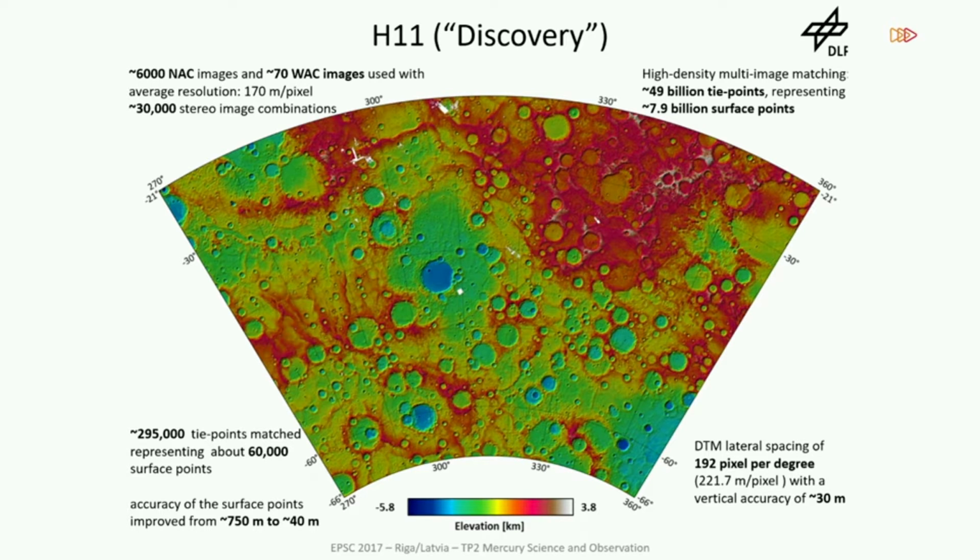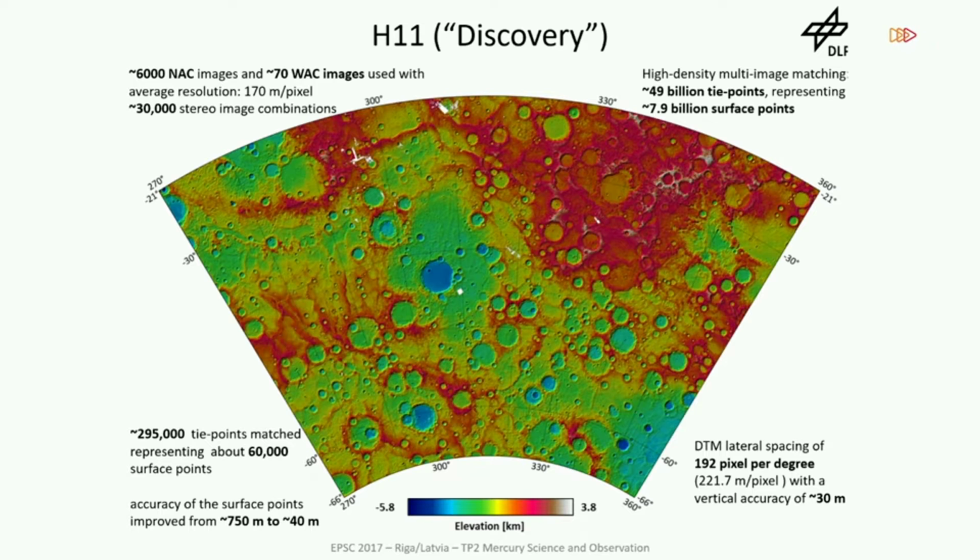We collected 30,000 stereo image combinations. From this, we had almost 300,000 tie points, 60,000 surface points, and we could improve the accuracy by bundle block adjustment from 750 meters to 40 meters.